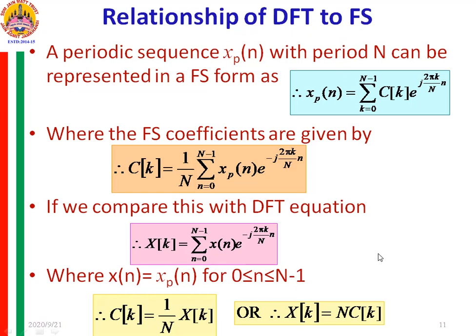Now let us concentrate on the relationship between the DFT and the Z transform. What is the equation for the Z transform that you have studied in the previous semester? Consider that I have a sequence x of n and I need to find the Z transform of it.